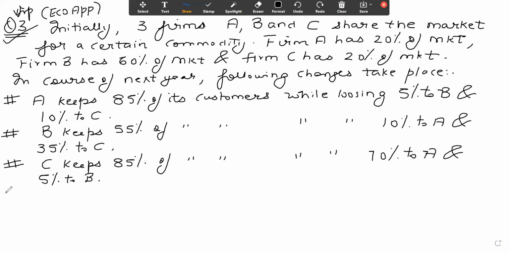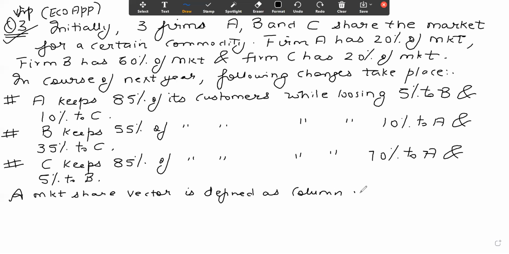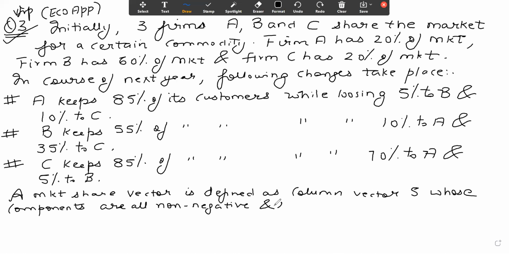Okay, so now the question asks you about a market share vector. A market share vector is defined as the column vector S whose components are all non-negative, and sum up to 1.